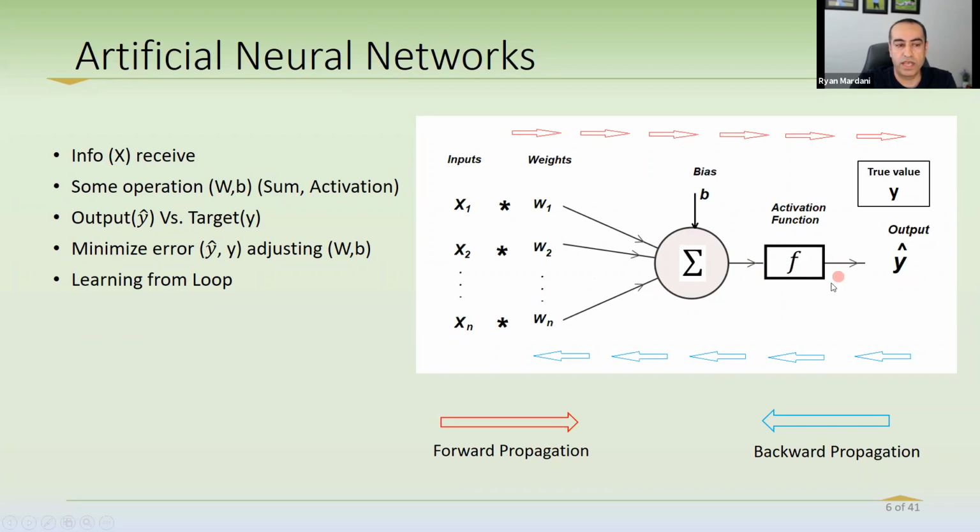We apply an activation function because we want to destroy linearity if possible. The activation function is very important. If we do not apply it, it's going to be simple linear regression, and it's not going to work. After that, we will have some output, y hat, and we have some true data. Here it is our lithology.